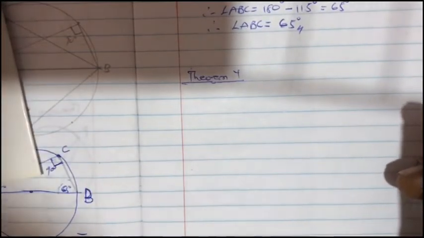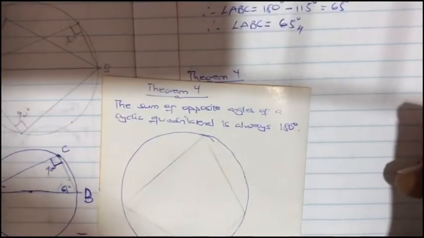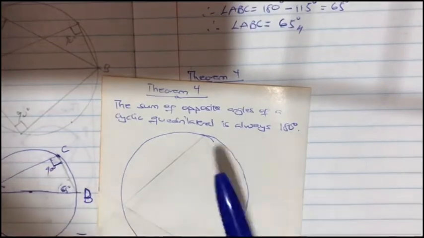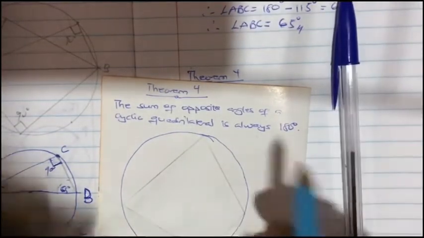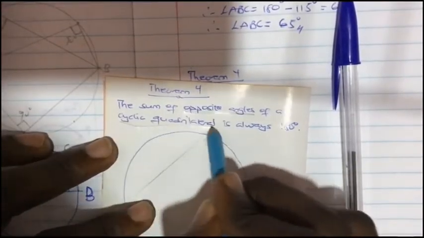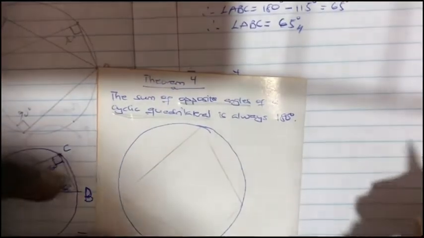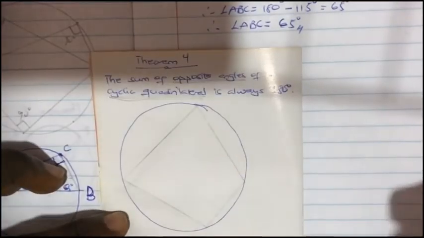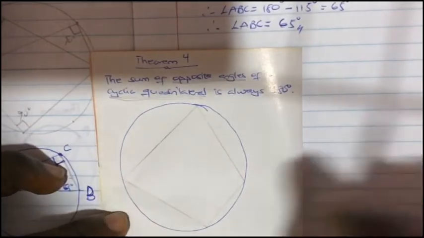So theorem 4 states that the sum of opposite angles of a cyclic quadrilateral is always 180 degrees. The keywords are opposite angles and cyclic quadrilateral. A cyclic quadrilateral is a four-sided figure that is inscribed in a circle.